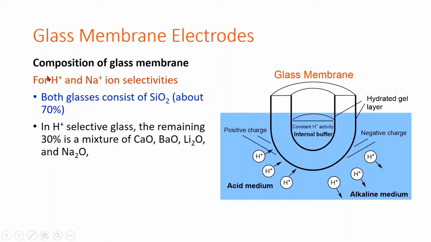In the case of H-ion selective glass, that is the pH glass electrode, the remaining 30% is a mixture of calcium oxide, barium oxide, lithium oxide, and sodium oxide. Whereas in the case of sodium ion selective glass, the 30% composition is aluminum oxide and sodium oxide.